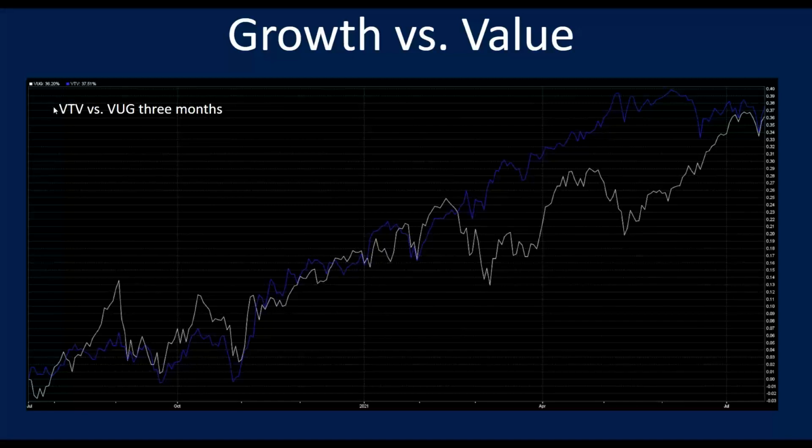So maybe somewhat counterintuitively, the value stocks are stocks that I would put in the bucket of things that benefit from a growing economy. Whereas the growth stocks, and this was one of the reasons that growth stocks did so well in 2020, are your tech stocks, your things that have a story about where they can grow without needing the economy to grow, right?